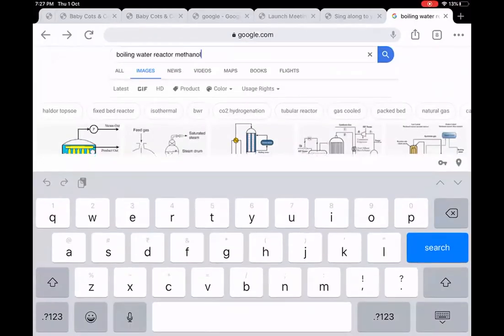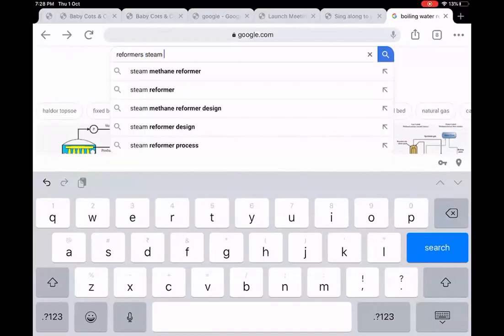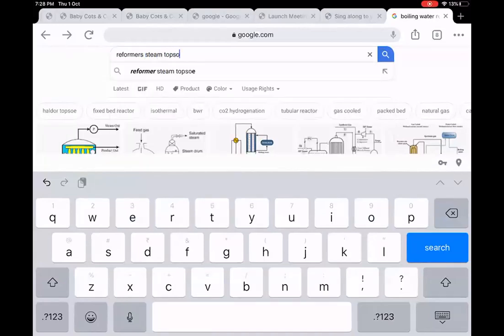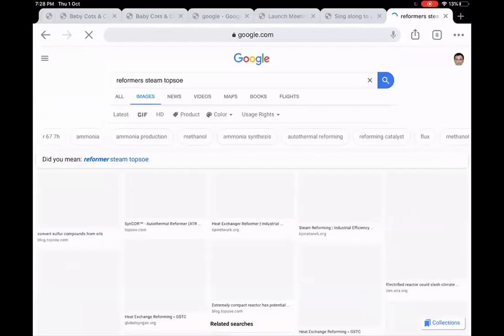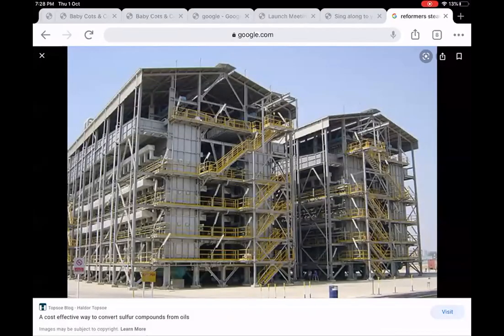So what is another type of reactor that you can search? Let's say steam reformers. Maybe I'll show you Topsoe reformers. This is how the reformers look.